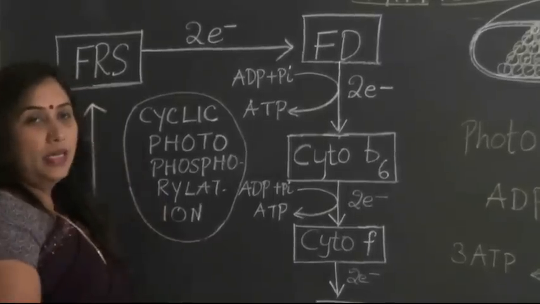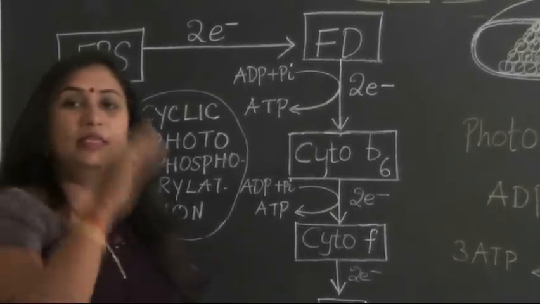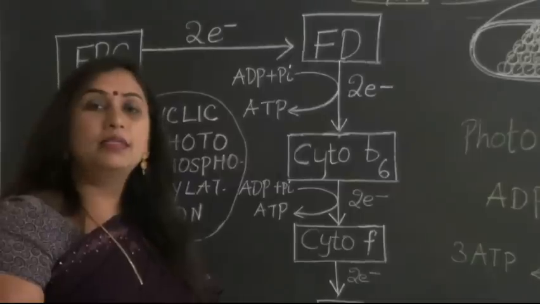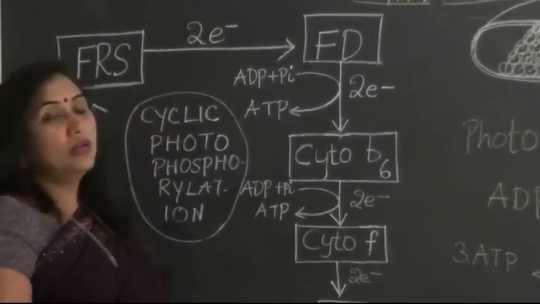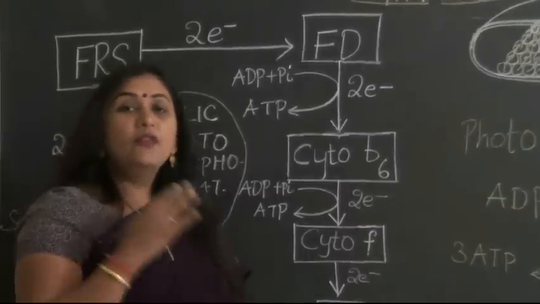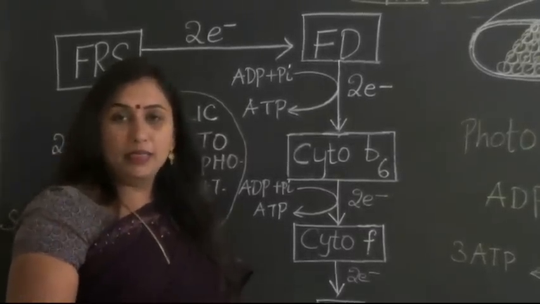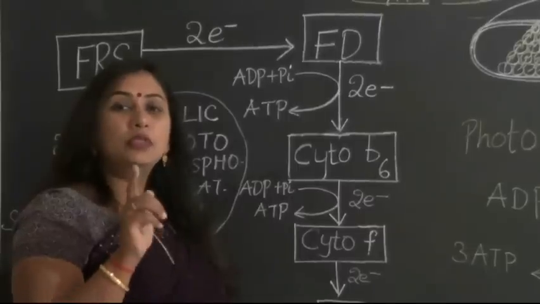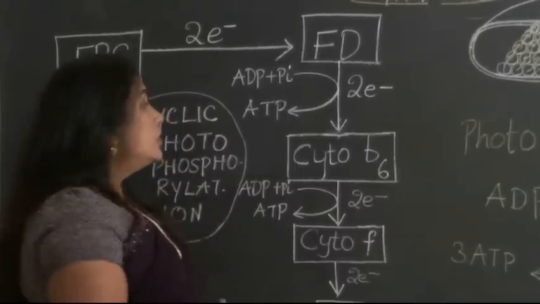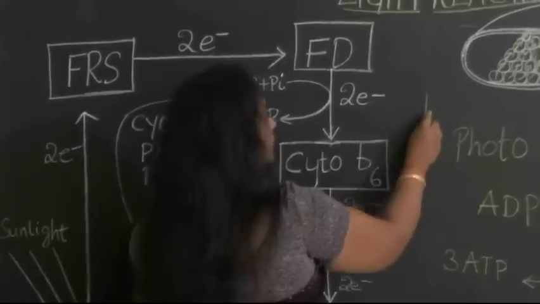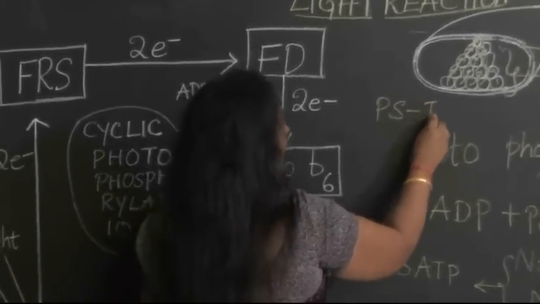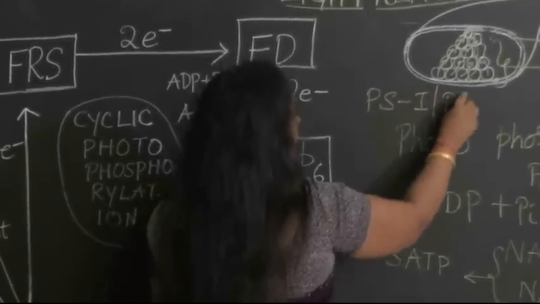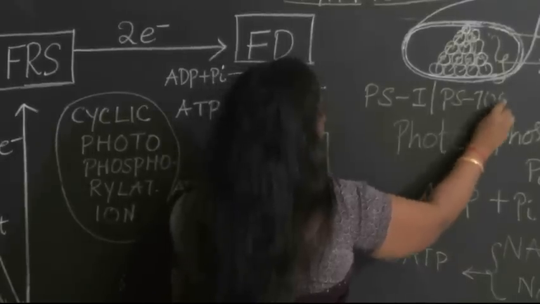Actually, what happens is during the daylight, when sunlight falls on the green plants and upon the chlorophyll molecule, different photosystems are found to be present. Prominent among them are photosystem 1 and photosystem 2. Photosystem 1 in short is written as PS1, or else can also be written as PS700.